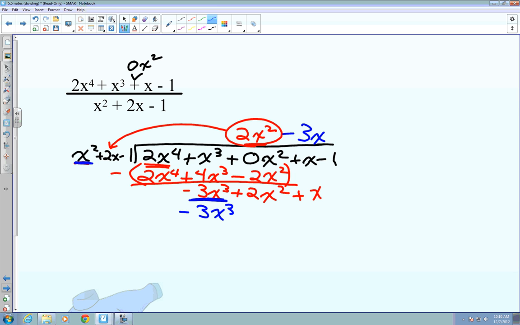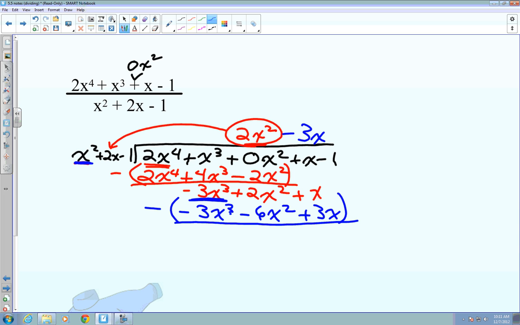Minus 3x times 2x, and I get minus 6x squared. Minus 3x times negative 1, that one is a plus 3x. Subtract. So minus 3x to the 3rd minus a minus 3x to the 3rd is 0.